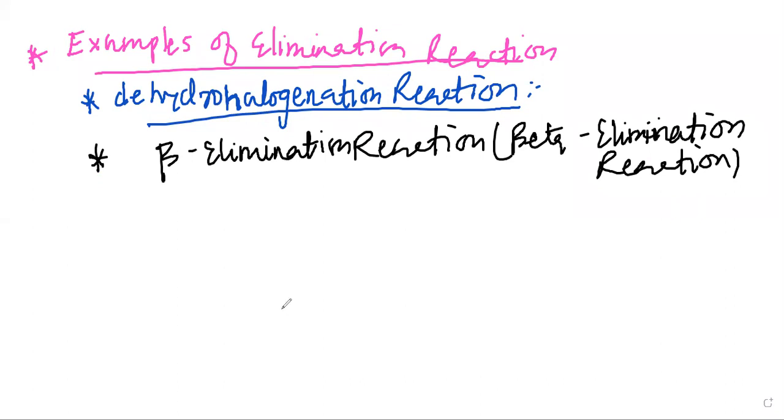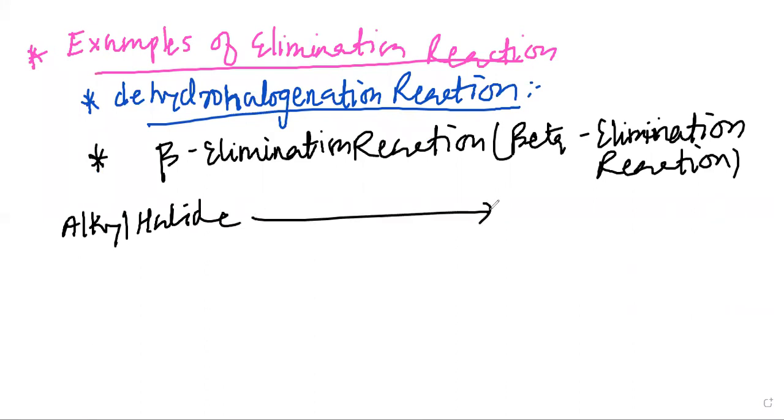So my dear students, in this beta elimination reaction, what happens is that we have an alkyl halide. This alkyl halide reacts with alcoholic KOH, and when it reacts with alcoholic KOH, it gives us the alkene.